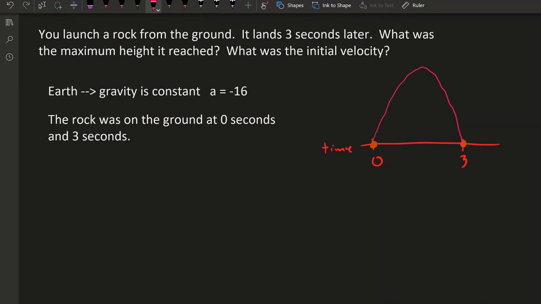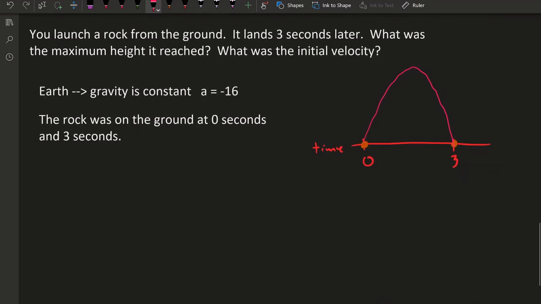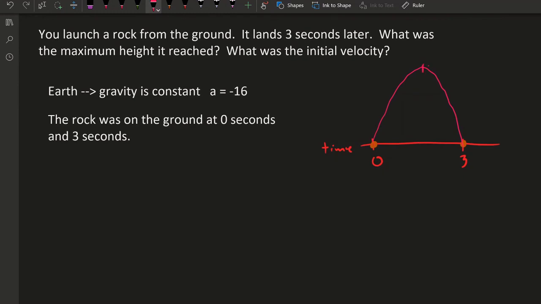So the question is, how high did it go? Well, in this case, since I know when it was on the ground, I would like to use intercept form. So intercept form looks like this.